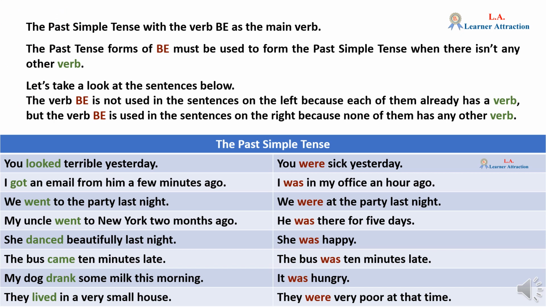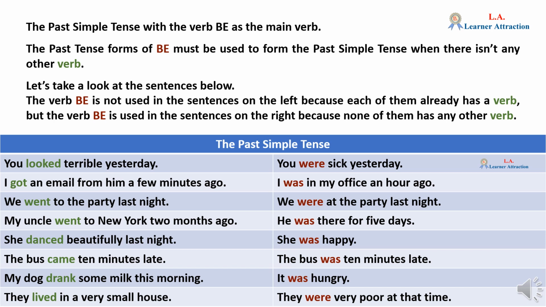The past simple tense with the verb be as the main verb. The past tense forms of be must be used to form the past simple tense when there isn't any other verb. Let's take a look at the sentences below. The verb be is not used in the sentences on the left, because each of them already has a verb, but the verb be is used in the sentences on the right, because none of them has any other verb.